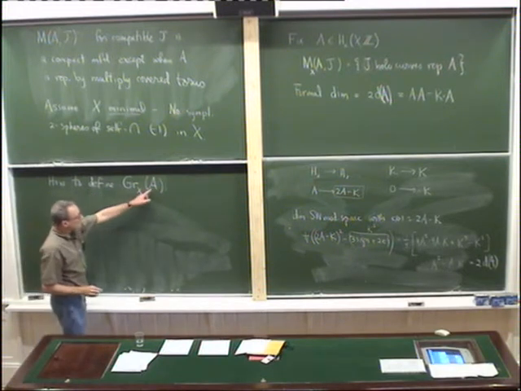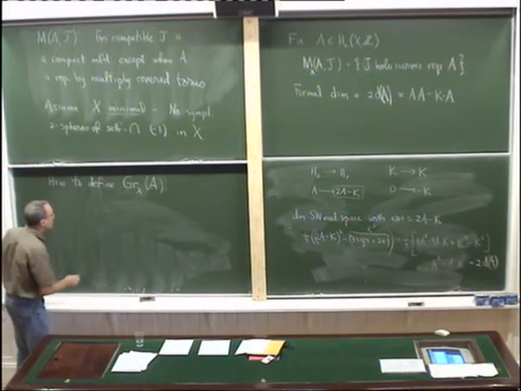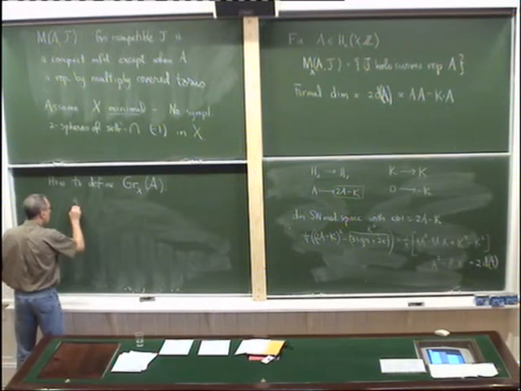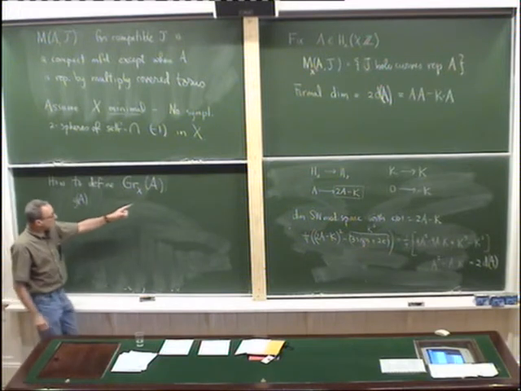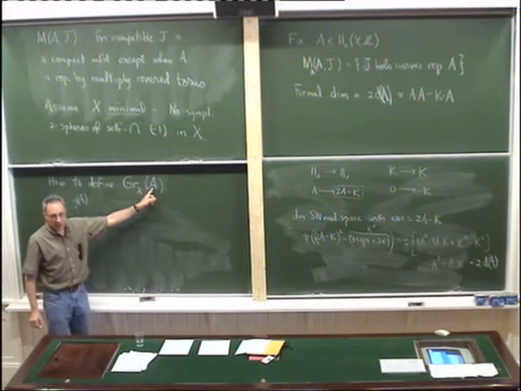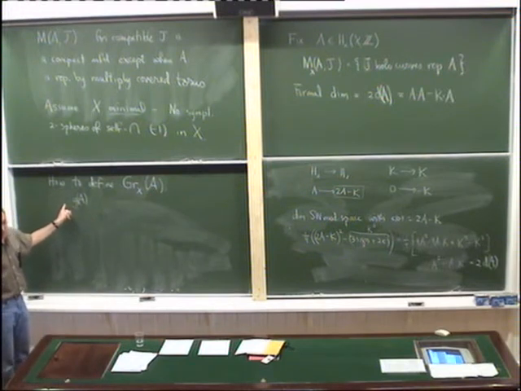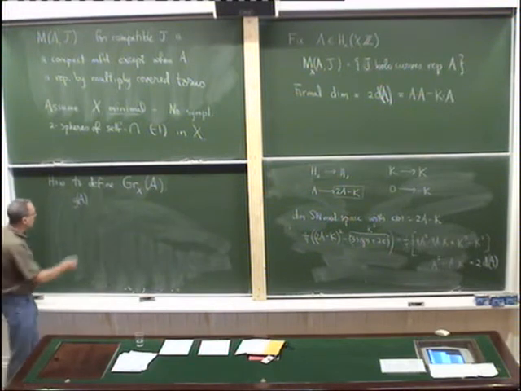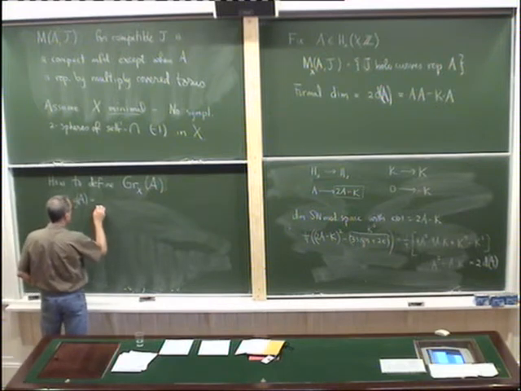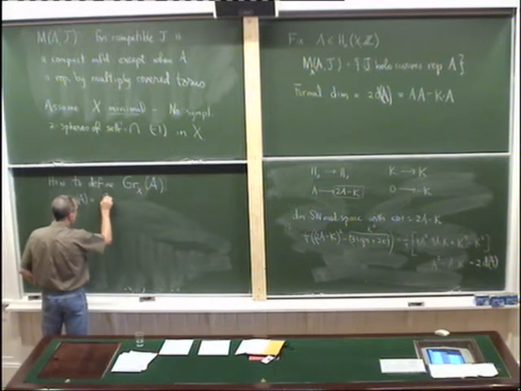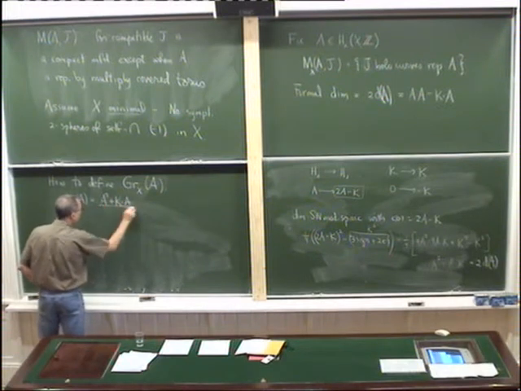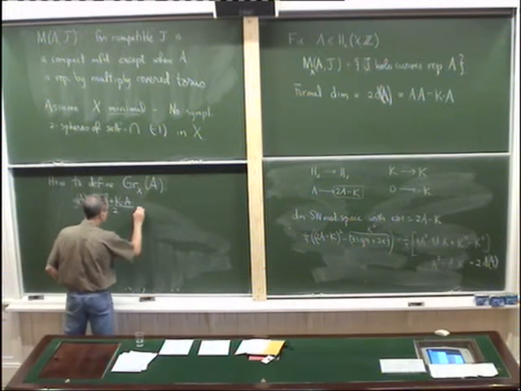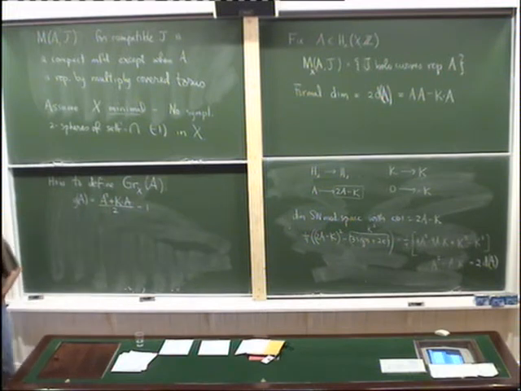So again, A is this homology class, and the adjunction formula tells you that a pseudo-holomorphic curve representing A has a prescribed genus. So from the adjunction formula, you know that g(A) is (A squared plus K dot A) divided by 2, plus 1. Okay?